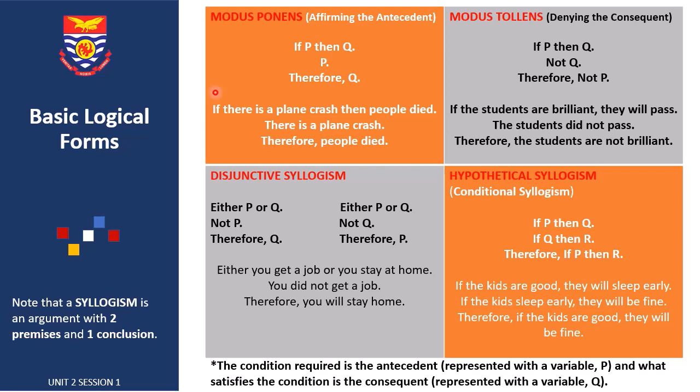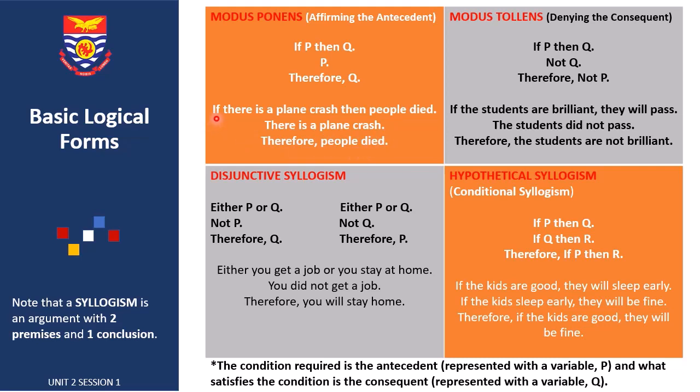Now, if you put them in practical instances where you replace the variables with simple sentences, then you will notice that if there is a plane crash, then people died. There is a plane crash. Therefore, people died.